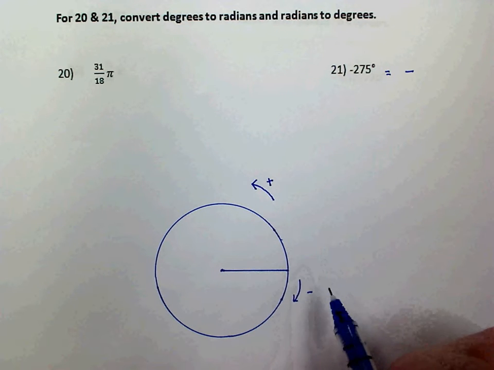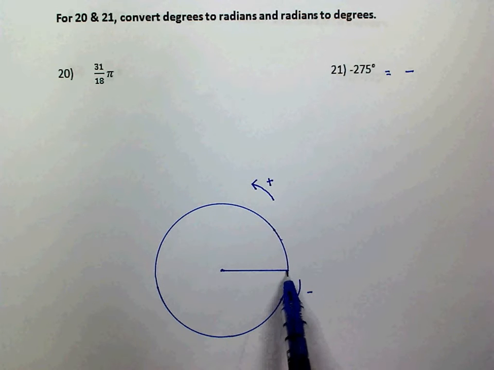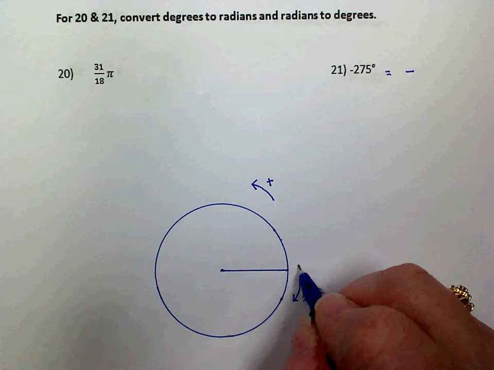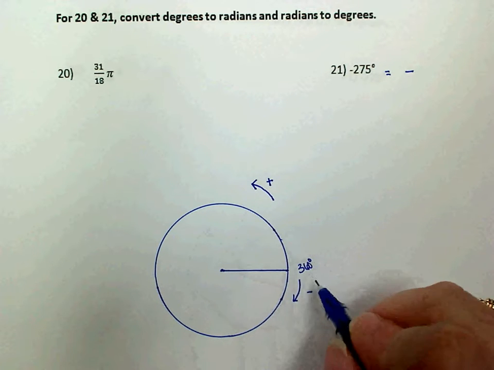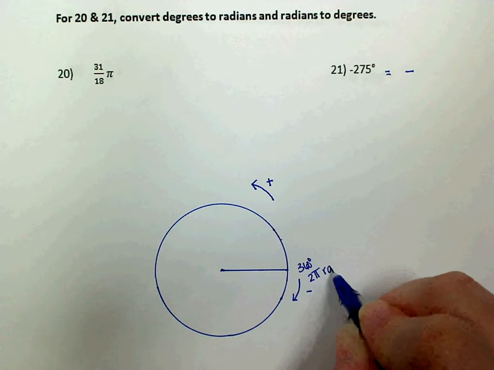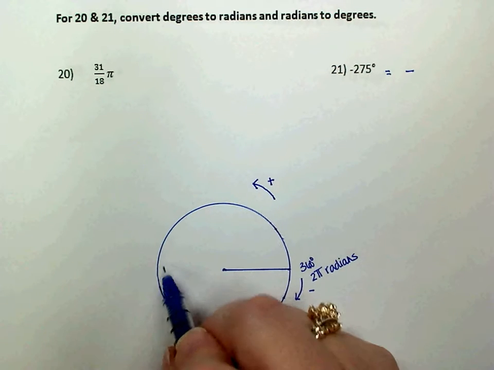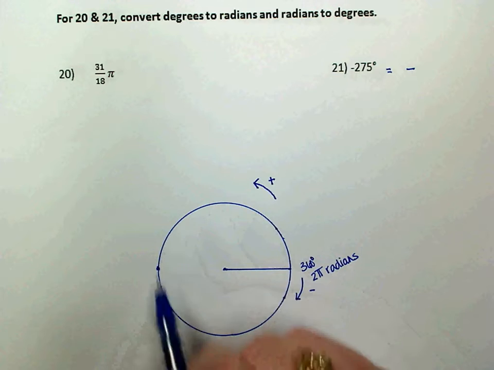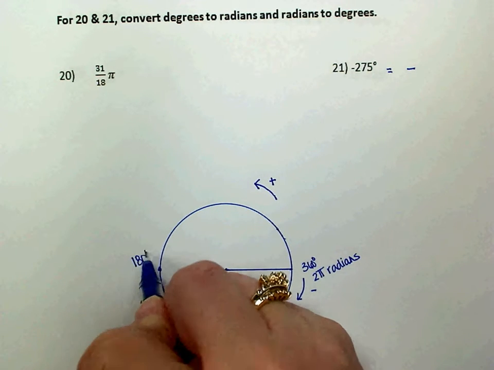So one thing that we talked about is that when you go all the way around the circle, that's 360 degrees. But we learned in radians that that's 2 pi radians. And so we use the conversion of only going halfway around the circle. Since all the way is 360 degrees, halfway is 180 degrees.